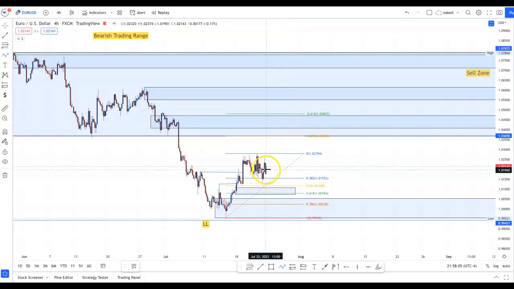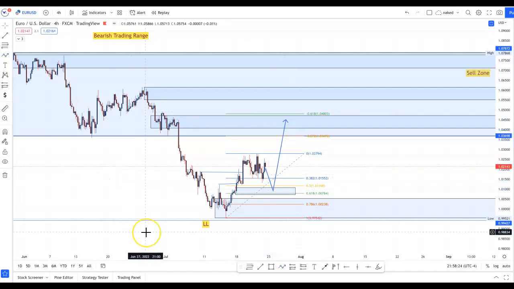But if price decided to come down here, which most likely it can, I do not know. This is not Monday, so we'll see. I will look for price to get down to my golden zone, and then take it all the way up to my sell zone. And then I will be looking to sell the Euro USD.